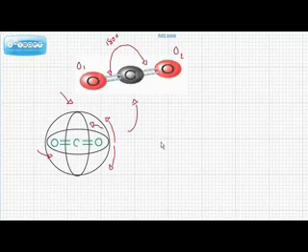So if oxygen number 1 has electrons floating around it and oxygen number 2 has electrons floating around it, what we see is these electrons repel each other in a way that makes the atoms arrange themselves as far away as possible from each other.